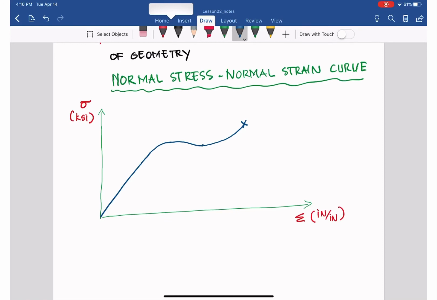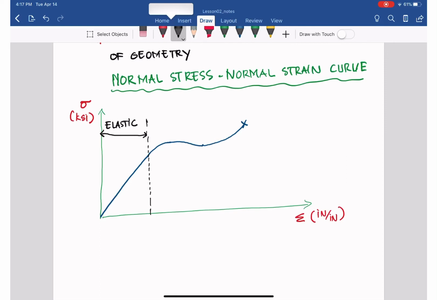So you can see there are two zones of behavior here. The initial portion, which is linear, we call the elastic region, and in that elastic region, if we release the stress, the strain is also released and the material goes back to its original length.